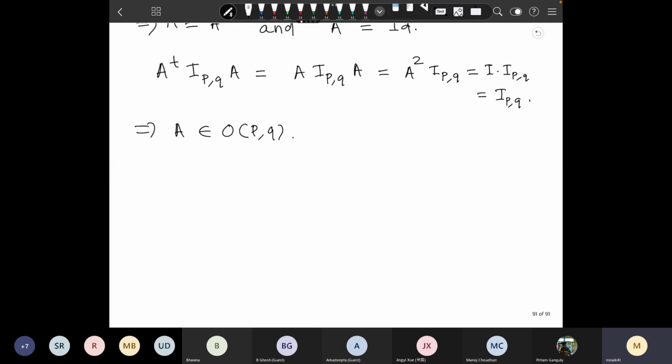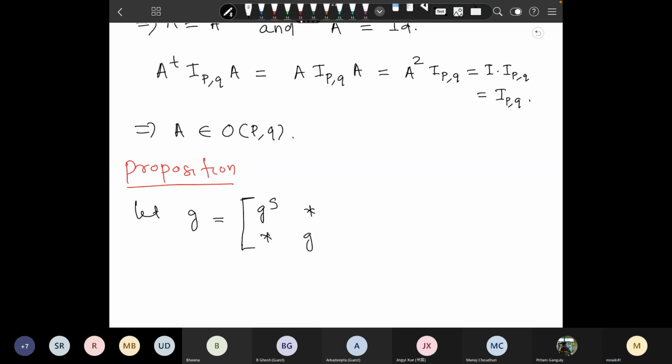Now in the last lecture I proved a proposition. I take an element g, partitioned as blocks g_s, star, star, g_tau, which belongs to O(p,q), where g_s is a p cross p matrix and g_tau is a q cross q matrix.